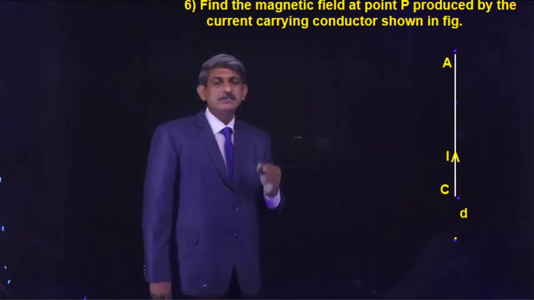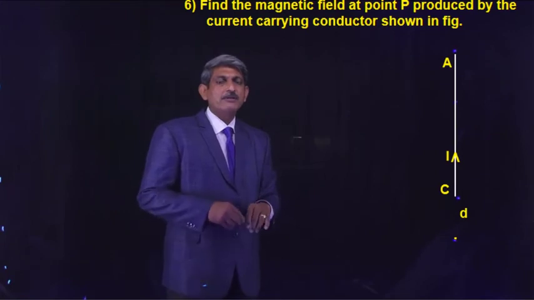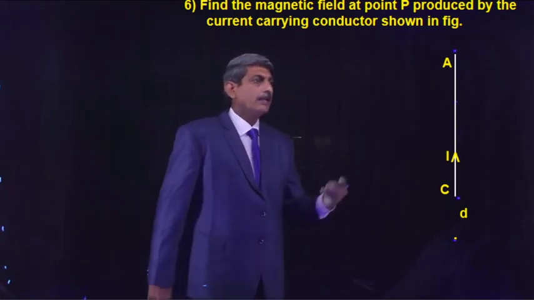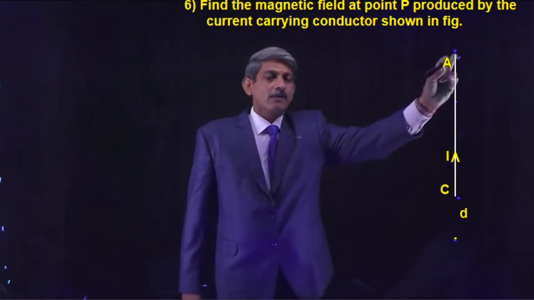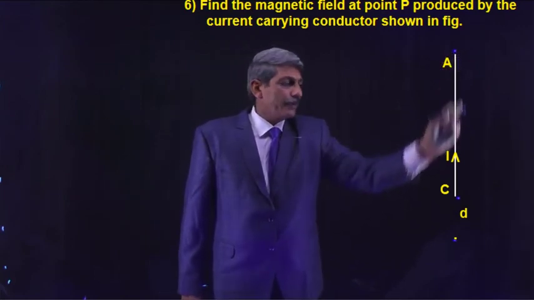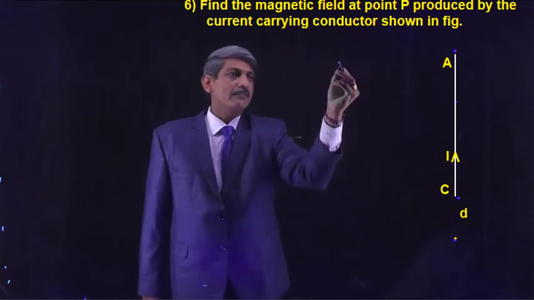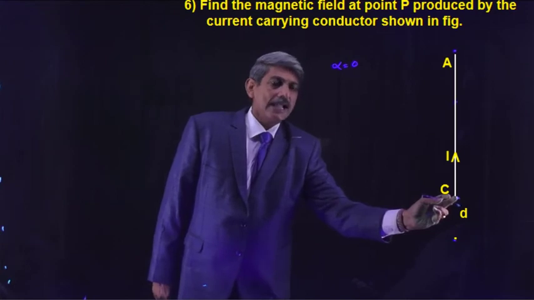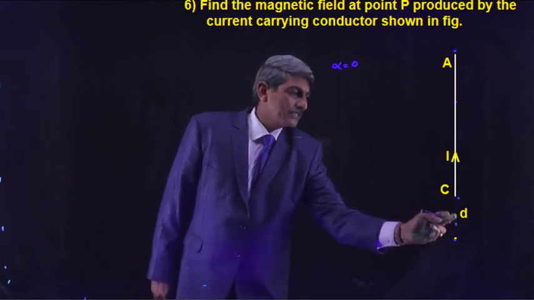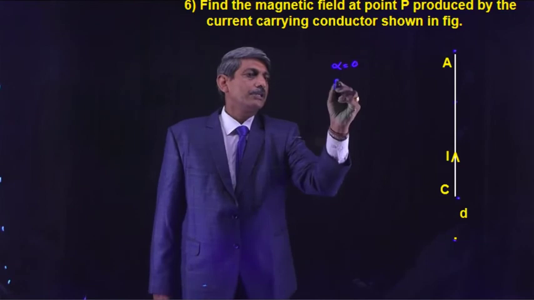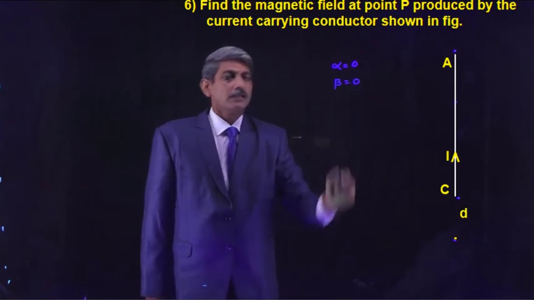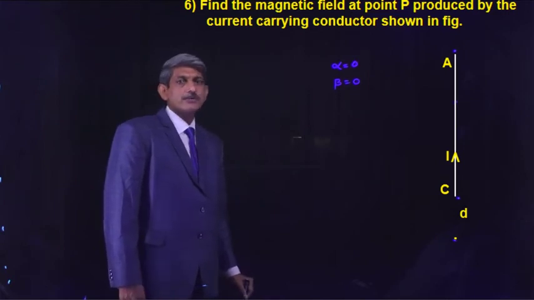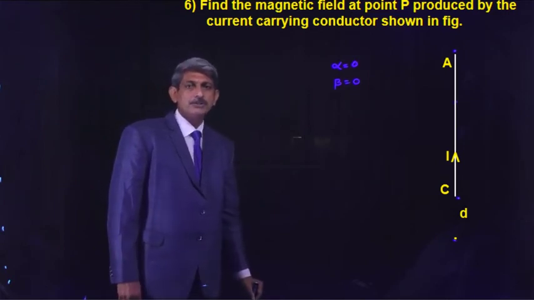In such cases, what happens to the magnetic field when the point is located along the length of the wire? Here, this is the top end. What is the angle of elevation of the top end at point P? That is alpha is equal to 0. And the angle elevated by the bottom point C is also equal to 0 degrees. That's why the top point and the bottom point are elevated at angles alpha is equal to 0 and beta is equal to 0.